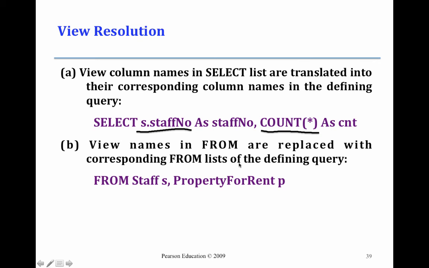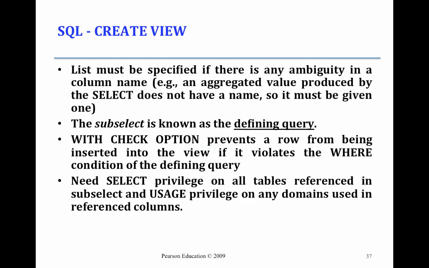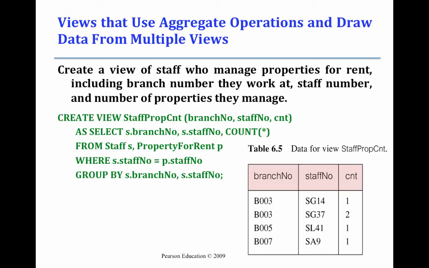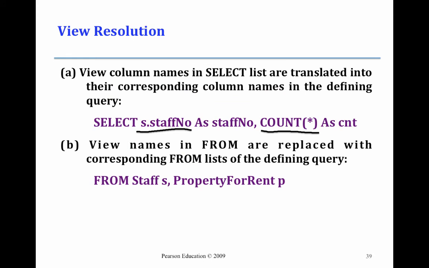And then I replace the names in the from list with the corresponding from list of the defining query. So in this one, I was selecting from the view, but the view, if we go back to this slide, was created from these two base relations. Therefore, the second thing that's done is that the view in the from statement is replaced with the two base relations that formed it.